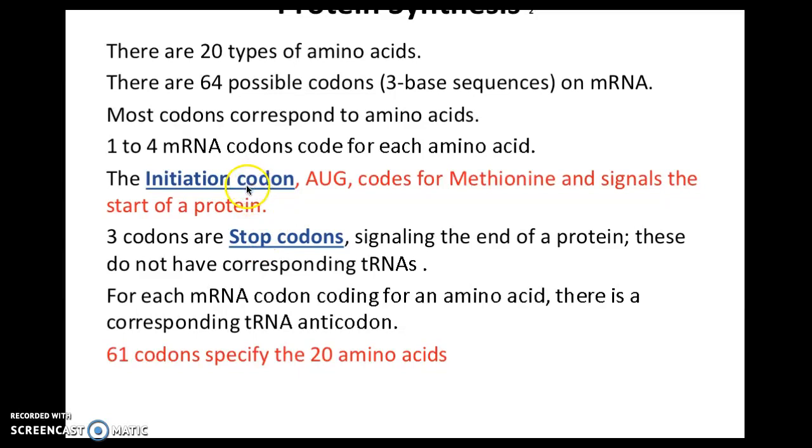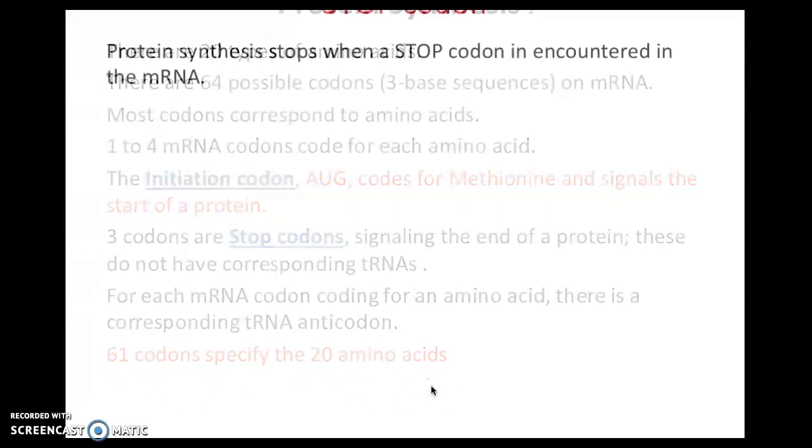You have a start codon, also called an initiation codon, and it codes for methionine, and it signals the start of a protein. So AUG codes for methionine, and it's also called a start codon. So there's a total of 64, but only 61 of those actually code for the 20 amino acids.